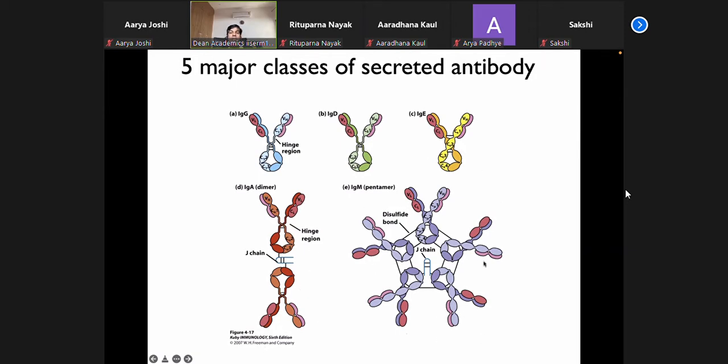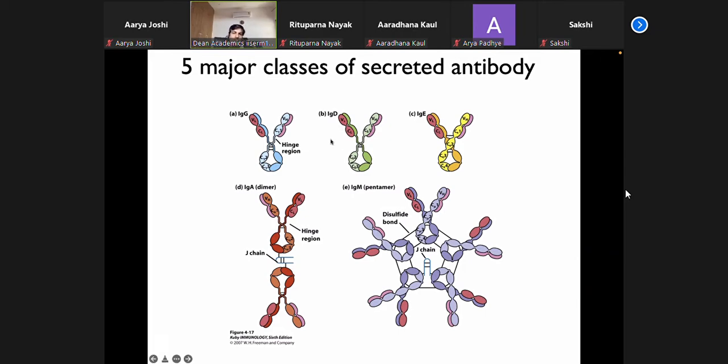But in IgM, you have 10, because you have 5 molecules and each molecule has 2, so that means 10. It can bind to 10 different antigens. The other thing is, this is one of the first antibody isotypes that you produce following immunization or infection, right? So the first antibody isotype you would detect following infection or immunization is IgM type of antibody.